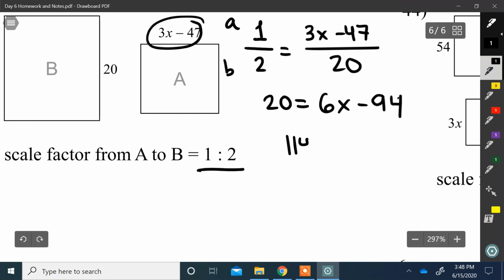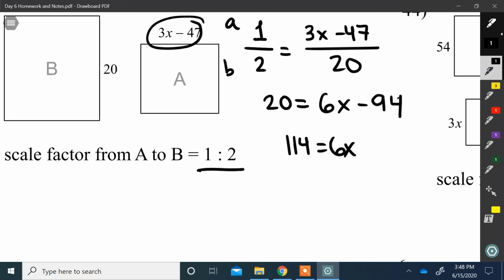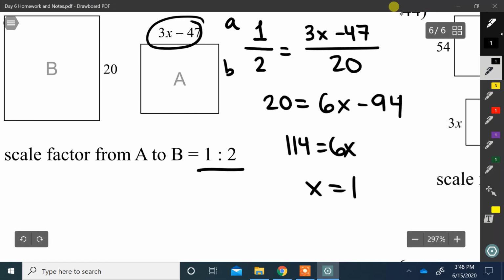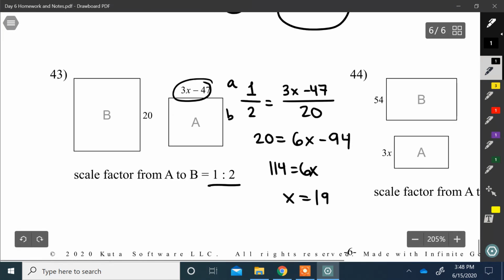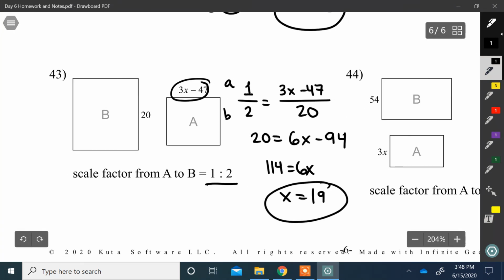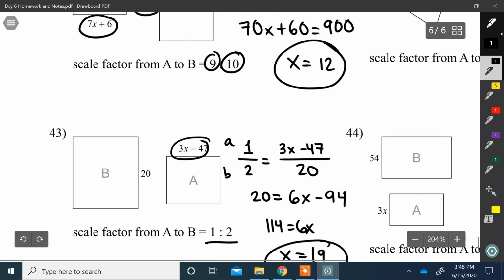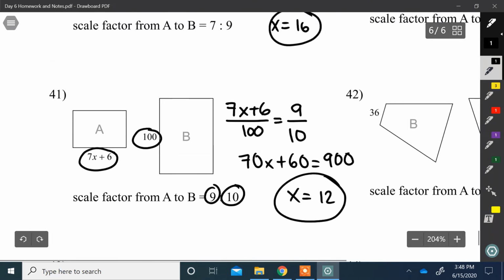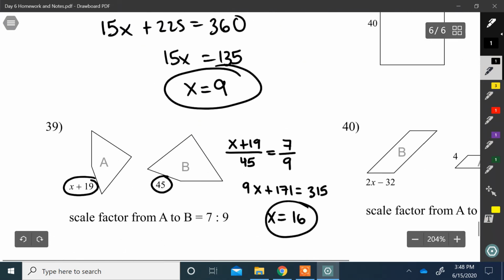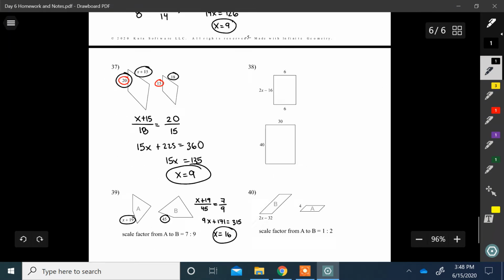You get 114 is equal to 6x. Finally, divide by 6 and you get x is equal to 19. Okay? That's your final answer. So as you can see, 43 is 19, 41 is 12, 39 is 16, and so on and so forth.